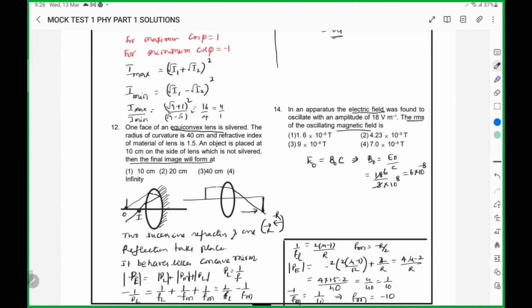But he is asking for RMS, B RMS, the root mean square magnetic field, which is B naught by root 2. So 6 into 10 power minus 8 by root 2, that is 3 root 2 into 10 power minus 8. So roughly 4.23 into 10 power minus 8 Tesla.